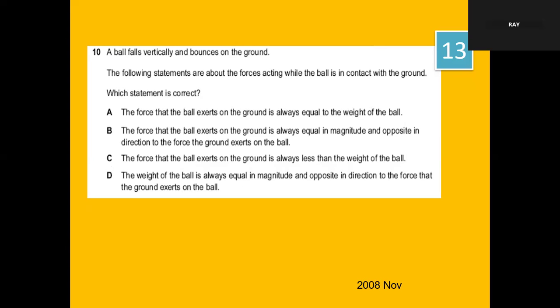A ball falls vertically and bounces on the ground. The following statements are about forces acting while the ball is in contact with the ground. Which statement is correct? This one is the same as the lift that we just did.